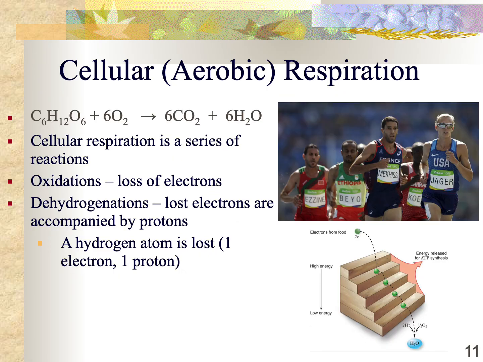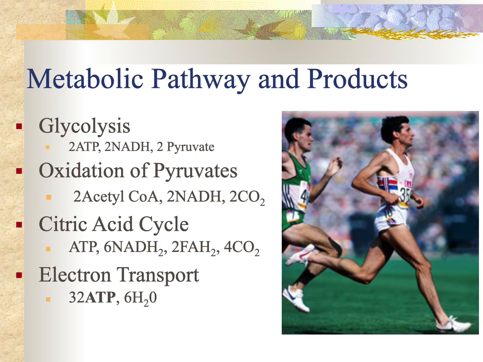Okay, the breakdown of those carbohydrates, we refer to that as cellular respiration, and often aerobic respiration because it occurs with oxygen. Cellular respiration is a series of enzymes that are going to oxidize the sugar molecule by combining it with oxygen and then turning it into those products to make ATP.